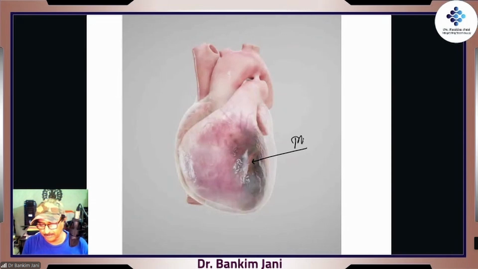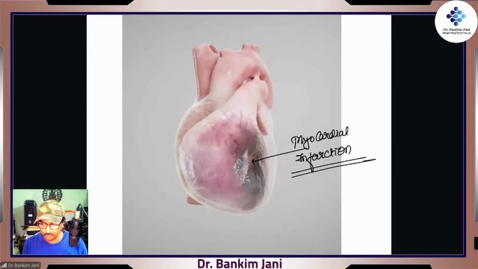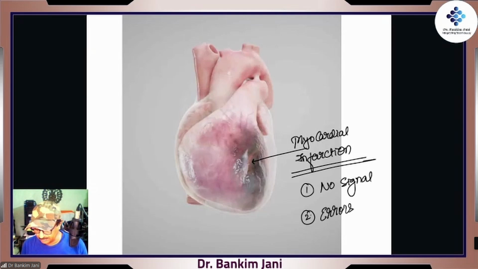This is myocardial infarction. As you are watching this image, two things can happen. Either there is no signal, or it can lead to some errors in the signal transmission.